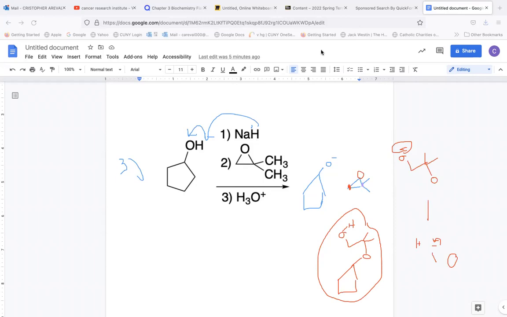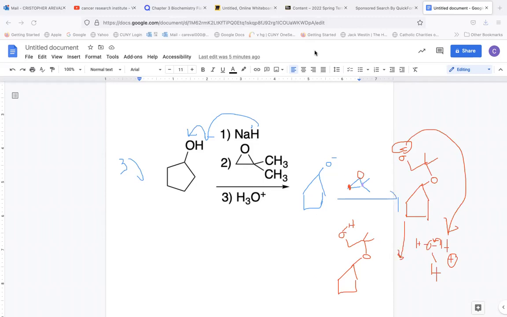Oh, I meant, why isn't the 2 methyls closer to the bottom oxygen, not the top? Actually, I think I might be confusing myself. Never mind. You sure? Let me undo this. Okay. Yeah, so does it matter where you put the 2 methyls since there are 2 places you can put it? No, as long as it's right, it doesn't matter.